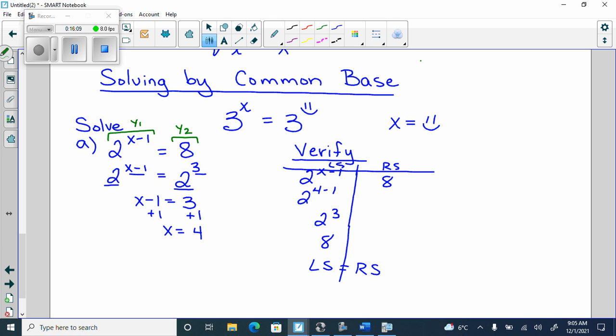Then what do you want to do? Find out where the two equations intersect. Every single time it's the same thing. Second trace 5. Enter, enter, enter.